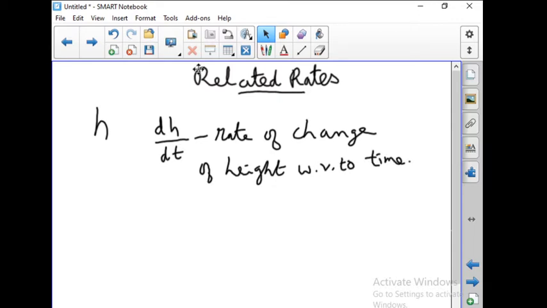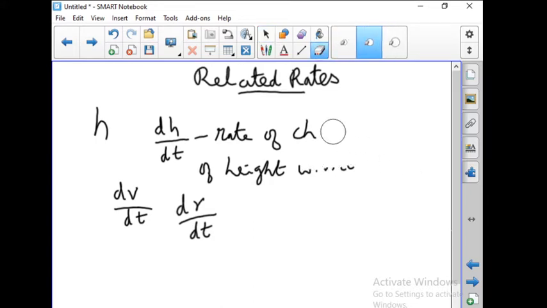Similarly we have the other things, dV by dt. V is the volume, then dV by dt is the rate of change of volume with respect to time t. dr by dt, if r is the radius, is the rate of change of radius with respect to time t. Now we will see the problems.